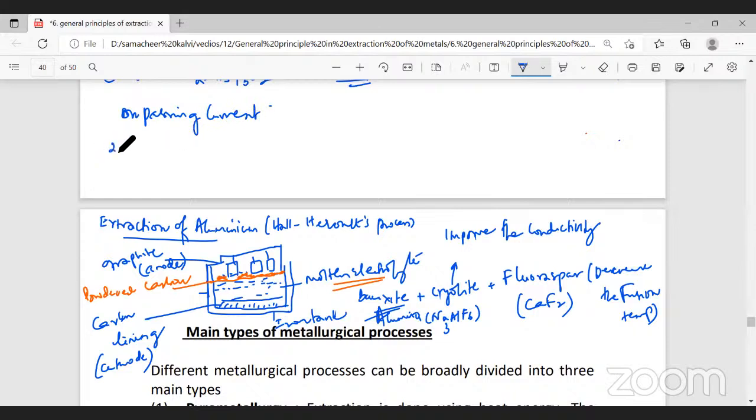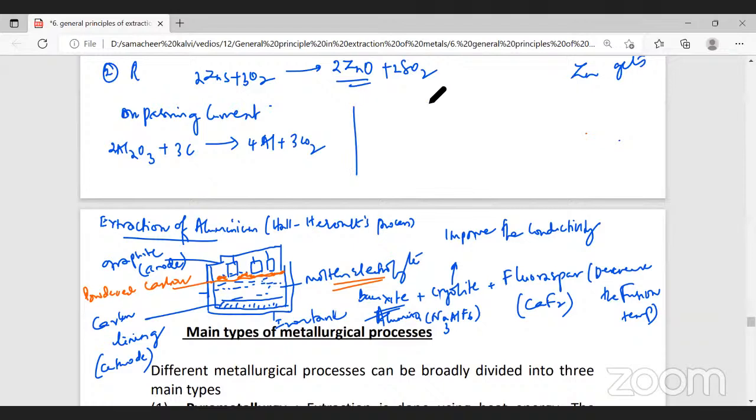This alumina, in the presence of carbon powder, will dissociate to form aluminium, liberating carbon dioxide gas. This is the overall reaction.